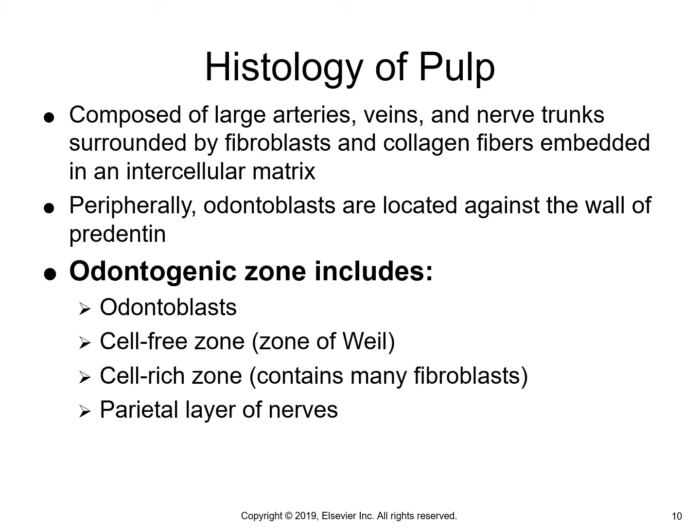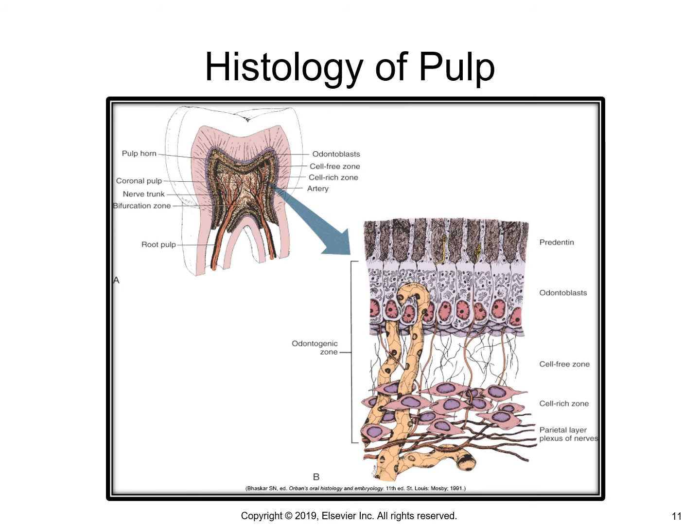And the odontogenic zone includes these odontoblasts as well as a cell-free zone, which is known as the zone of Weil, and the cell-rich zone, which contains all of those many fibroblasts. And then, of course, there's the parietal layer of nerves. In your book, there's a nice image of those different zones and layers of the tooth, and that is located on page 113 if you'd like to get a closer look at that.